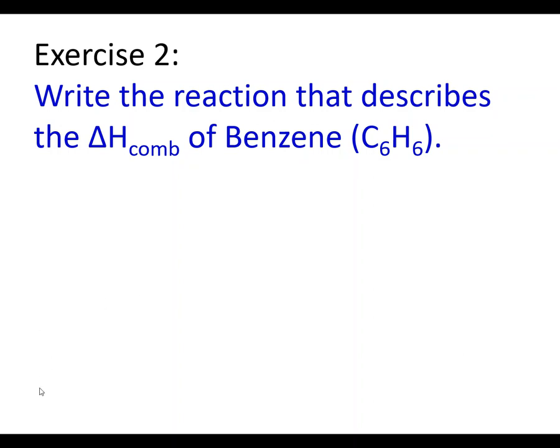So let's take a look at this one. We're going to go ahead and we have our benzene. So we have C6, oh, I'm going to write it down here instead. C6H6. Our other reactant, of course, is oxygen. And yes, in this particular case, when we're talking about the molar combustion of anything, we're going with CO2 and H2O.